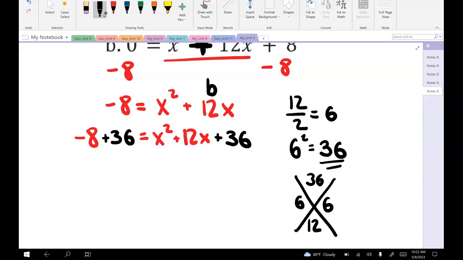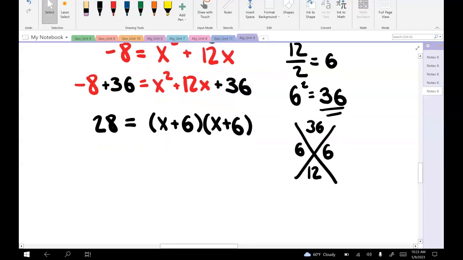So we can simplify. Negative 8 plus 36 is 28. And then on our other side, factoring this out, it'll be x plus 6, x plus 6. And you don't always have to write this step.